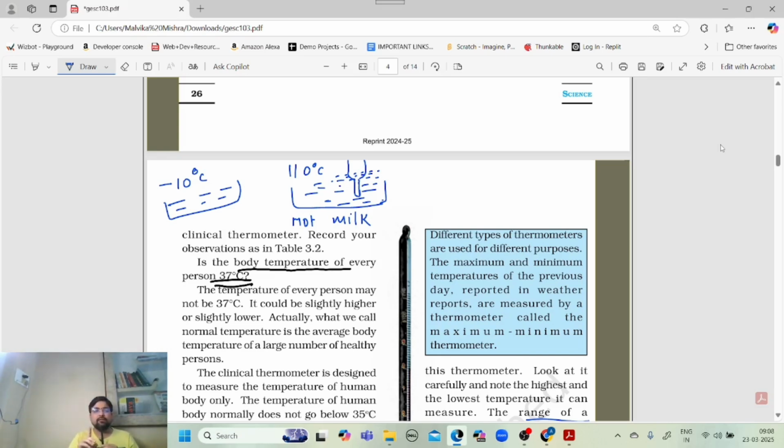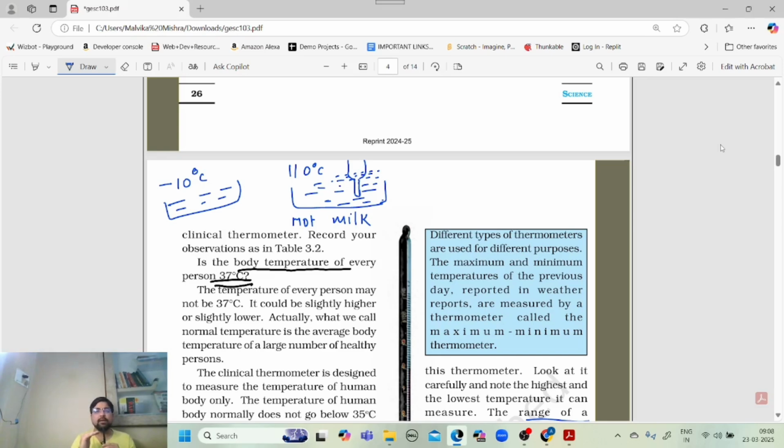Now see the difference from when you were measuring the temperature using the clinical thermometer, where you take it out and then measure. Suppose you use the same method here: once you put it inside the beaker, the mercury level starts increasing if it is a hotter object, and if it is a colder object, it will start moving downward, right.